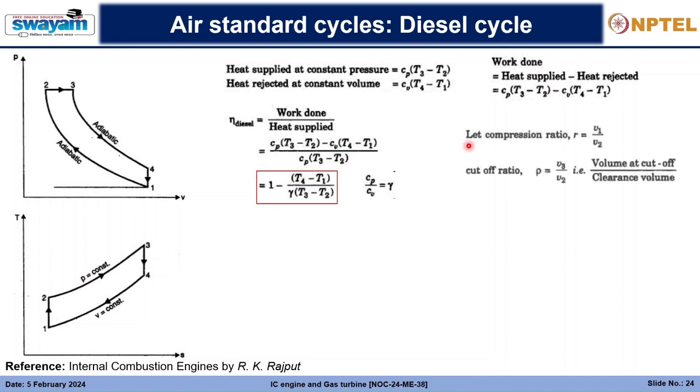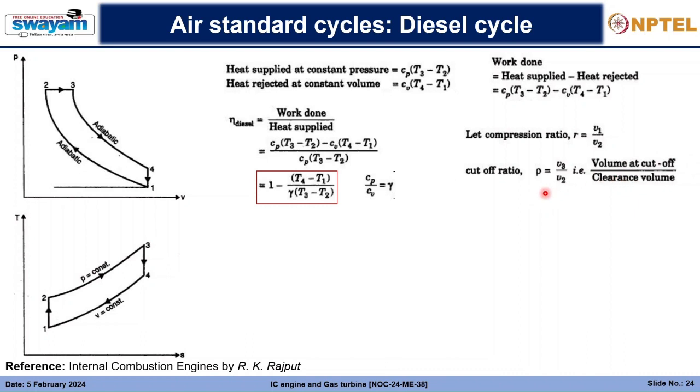We need to eliminate all the temperature terms and get something more comprehensible, like using the compression ratio R and the cutoff ratio rho, which is the volume at cutoff divided by the clearance volume.